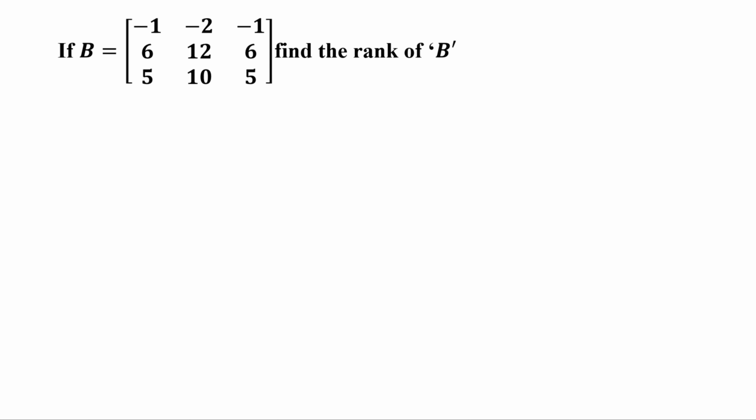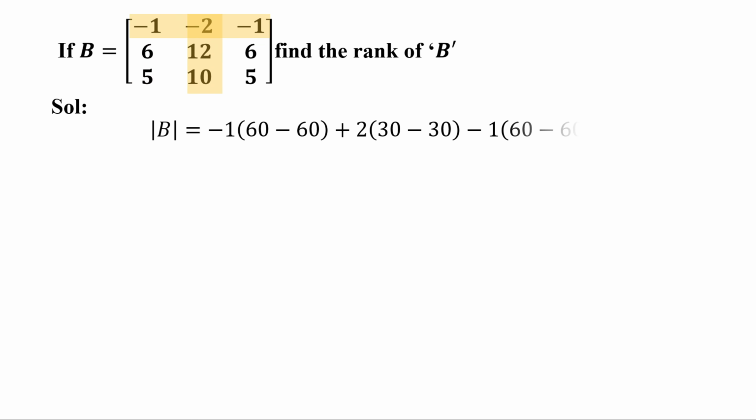Matrix B is again given as a square matrix of order 3. We are again asked to find the rank of matrix B. Finding the determinant of B, for the first element, minus 1 into 60 minus 60, plus 2 into 30 minus 30, minus 1 into 60 minus 60. So determinant of B is again 0. So rank of B will be less than 3.